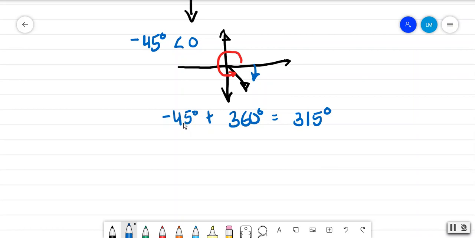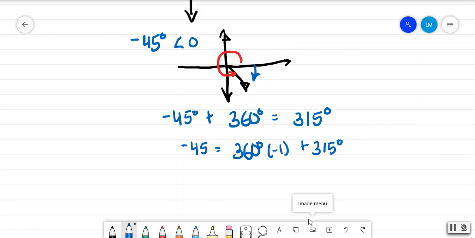It doesn't matter actually, technically. You can say minus 45 equals 360 times negative 1, plus 315 degrees. So what this is going to make you do is remember what n is, and n is an integer.